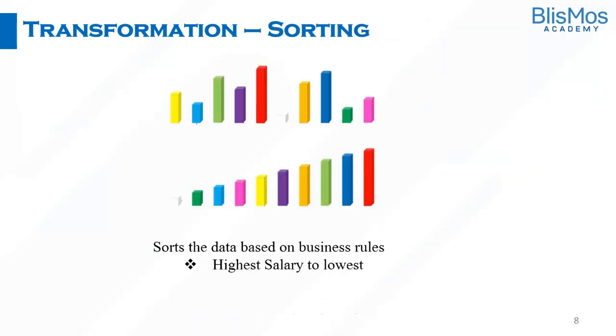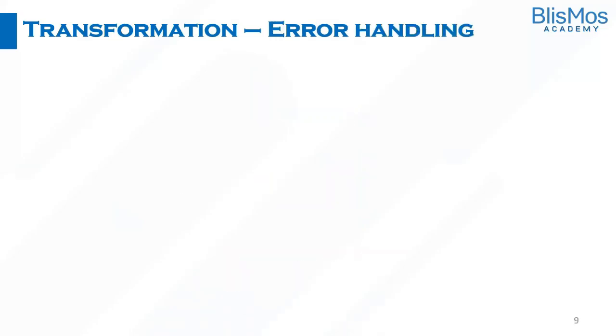Sorting also is one of the important types of transformation. Whenever you want to move the data, sort the data based on some business rules, like highest salary to lowest salary, or highest transaction to lowest. So depending upon the requirement, you can sort the data before you move that into the data warehouse.